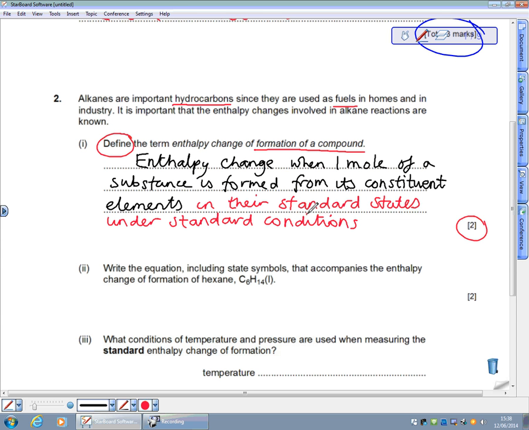If you're not sure what in their standard states under standard conditions means, if I was going to use hydrogen, hydrogen is a gas at room temperature, which is 298 Kelvin, and 1 atmosphere pressure or 100 kilopascals, whereas carbon is a solid at that temperature.